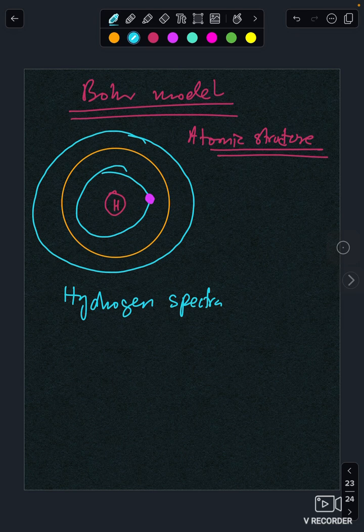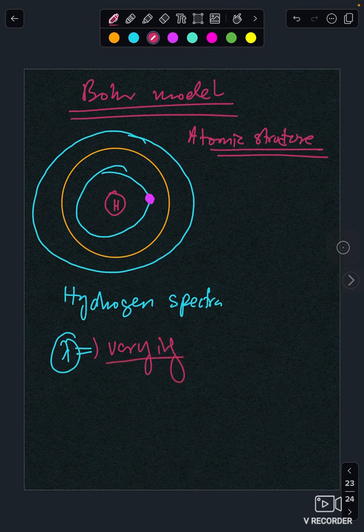So when a body is heated, it gets energy, right? It has inner heat energy. What happens is that it emits electromagnetic radiation. The radiation may consist of various components having different wavelengths. Different wavelengths mean the lambda is varying.